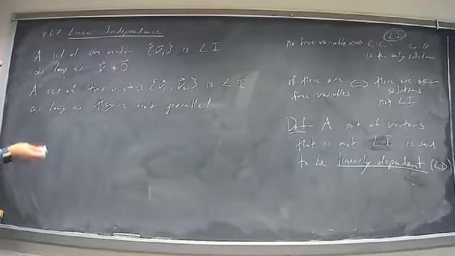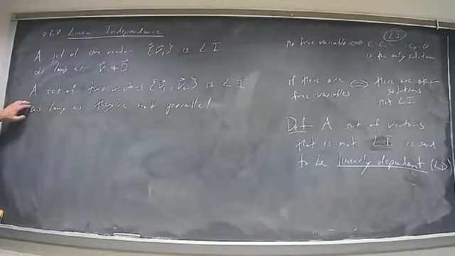If there's a zero vector in there, it's automatically not linearly independent. So a set of two vectors is linearly independent as long as they're not parallel. The zero vector is parallel to anything. It's just 0 times anything.